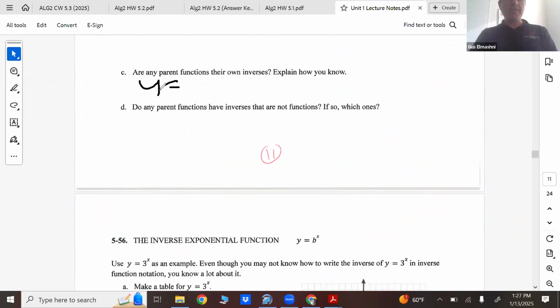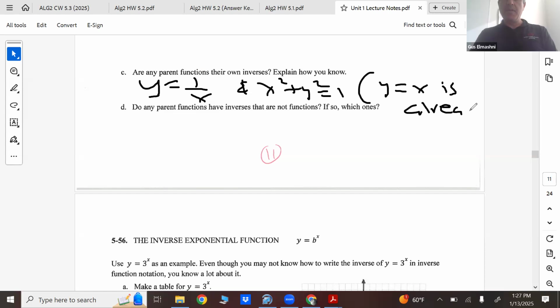So y equals 1 over x, and x squared plus y squared equals 1. And that's because, again, y equals x is already symmetric.